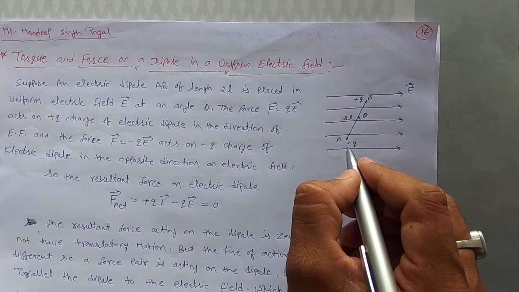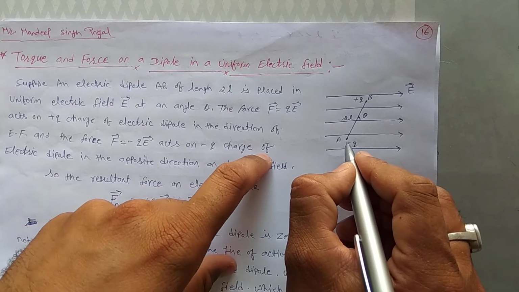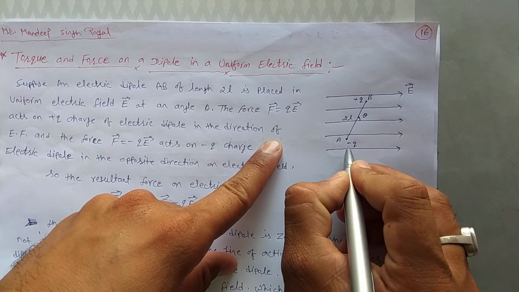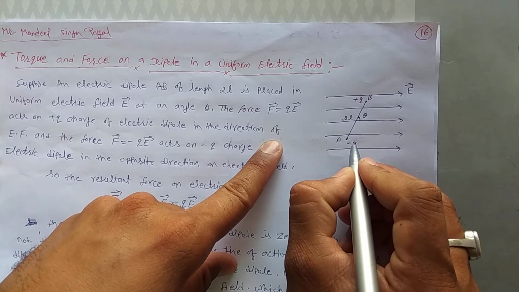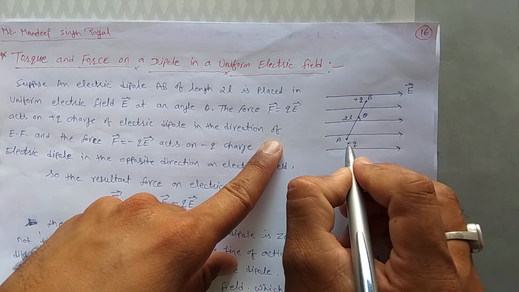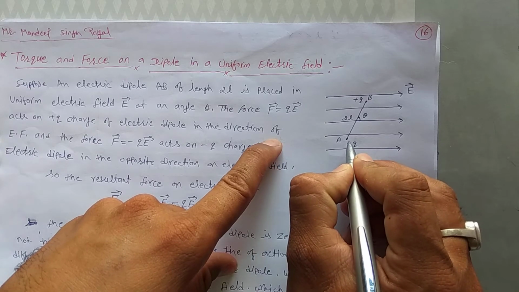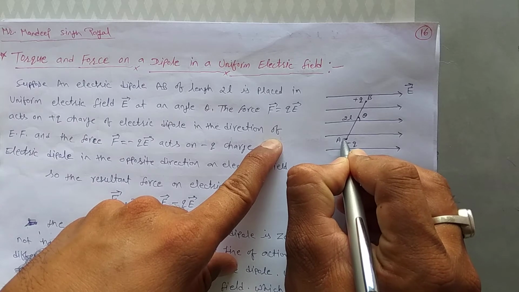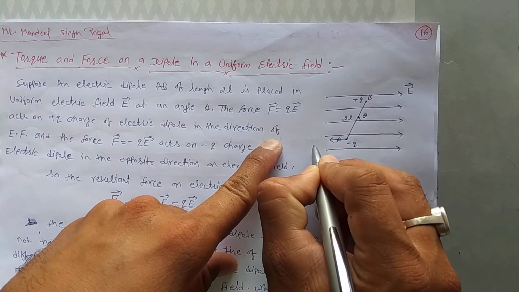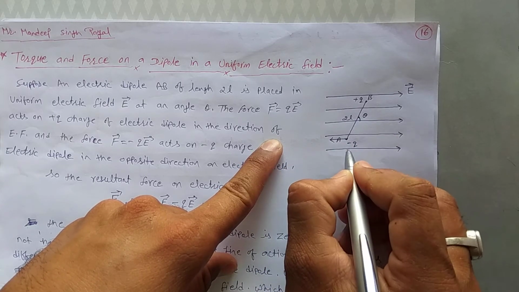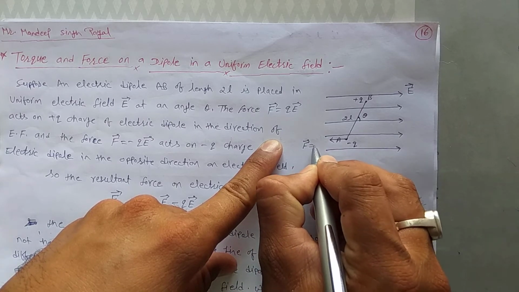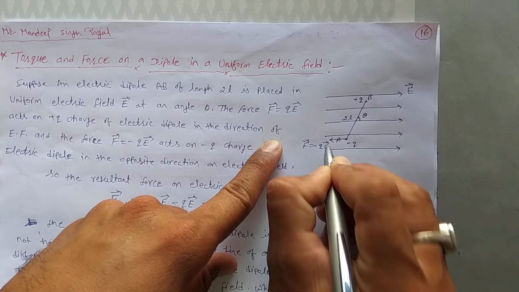We know that the force acting on this charge minus Q is F equals QE, and the direction of the force is opposite to the direction of the electric field for a negative charge, meaning F vector equals minus QE vector.